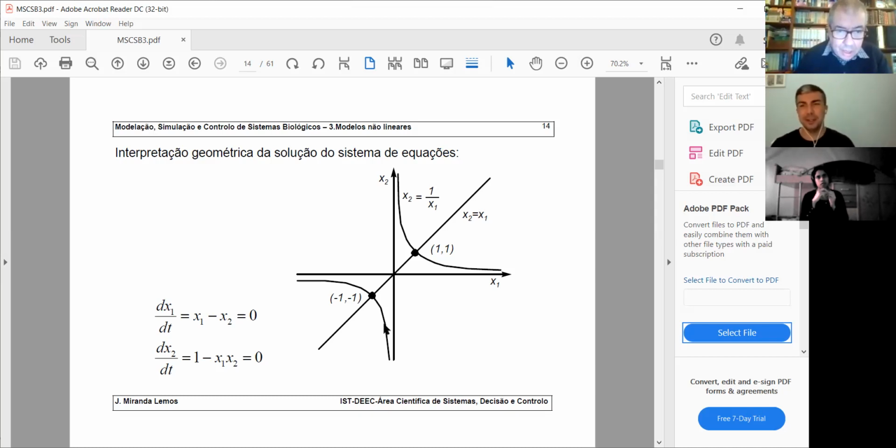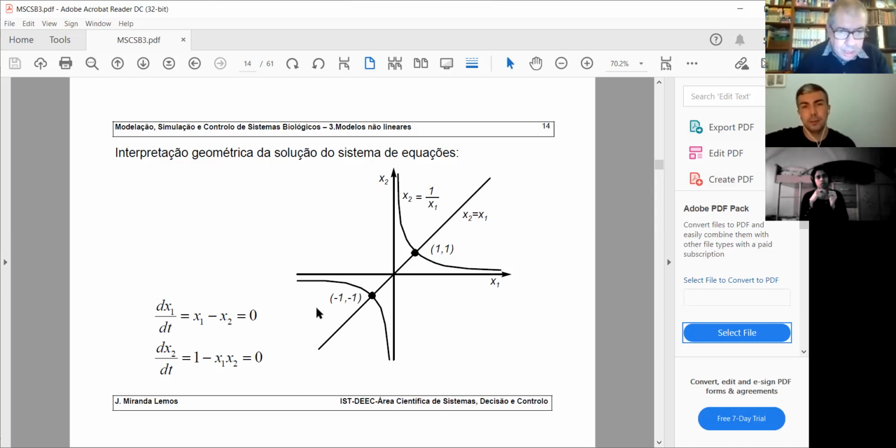Now, the intersection of the two gives you the equilibrium points, because for these points, both derivatives are simultaneously 0. Along the straight line, the first derivative is 0.